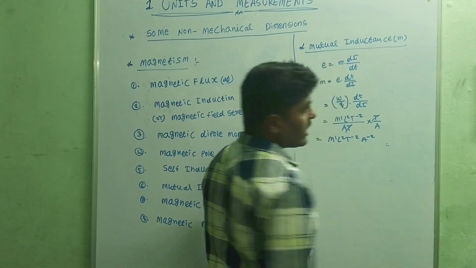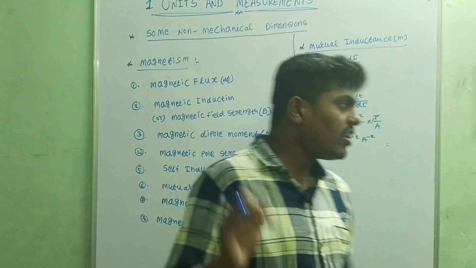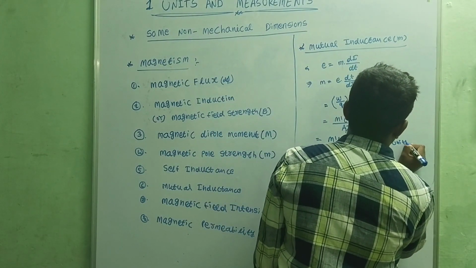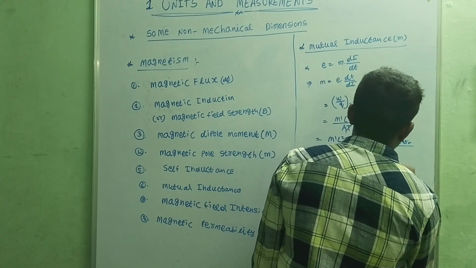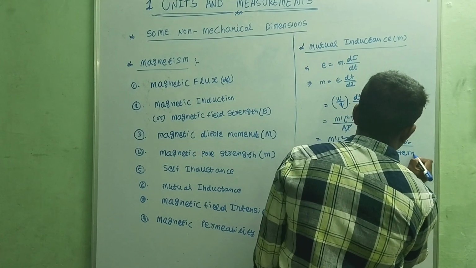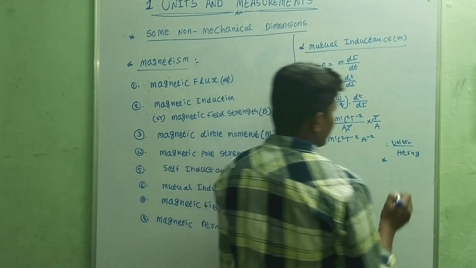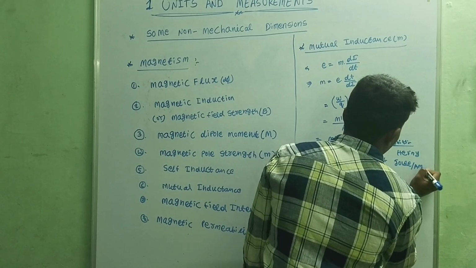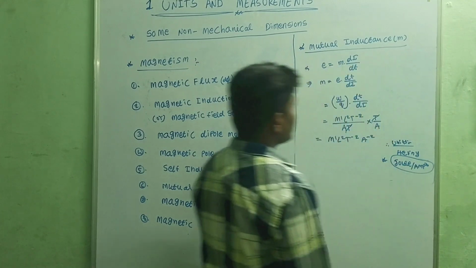Self inductance and mutual inductance have the same units and the same dimensional formula. Therefore the unit of self inductance or mutual inductance is Henry, and the fundamental unit is joule per ampere square.